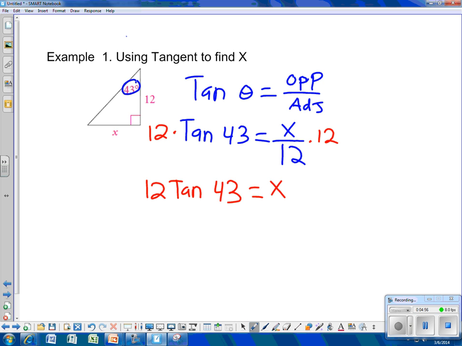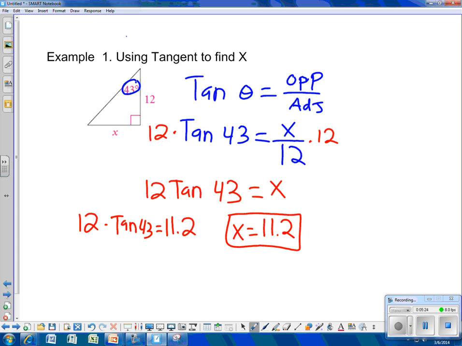If you do, you end up with approximately 11.2. So that means x is 11.2. And that's our example 1.